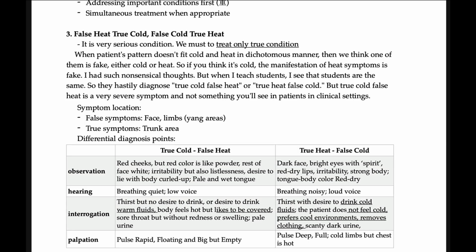Treatment approach: focus on treating the true condition. False heat or cold is a severe presentation that requires careful differentiation and attention to the underlying extreme yin or yang imbalance. Mixed patterns require practitioners to recognize the complexity of real-world cases, moving beyond textbook definitions to tailor treatments that address the full scope of a patient's condition.